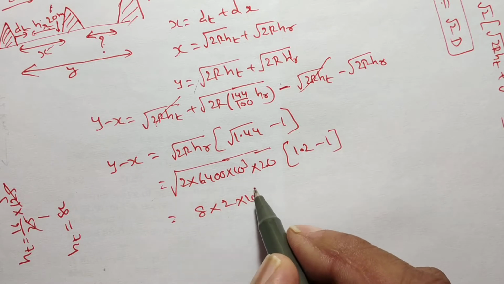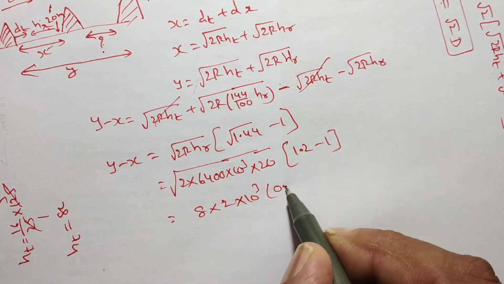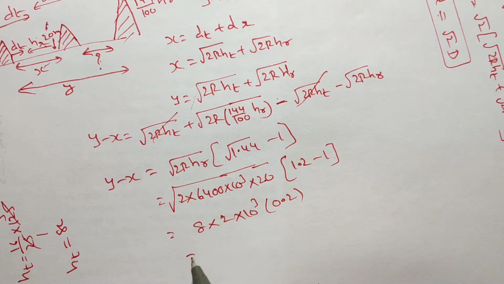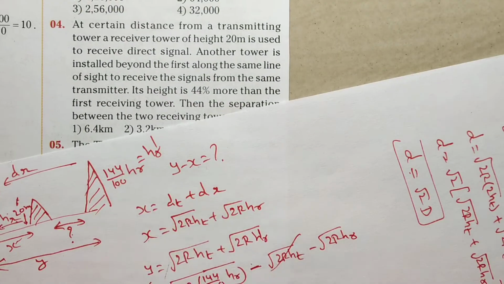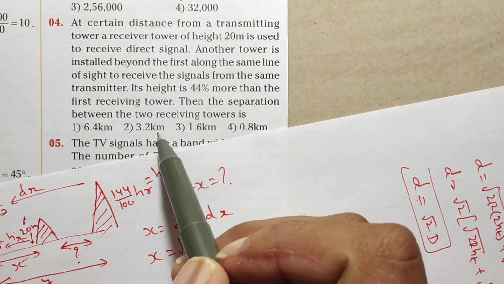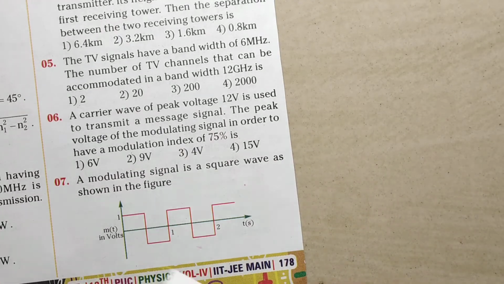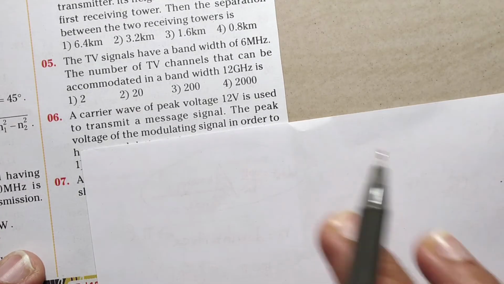This is 10 to the power of 3 into 0.2. We are getting 16 into 0.2, it means 3.2. We are getting 3.2 kilometer. Now fifth question.